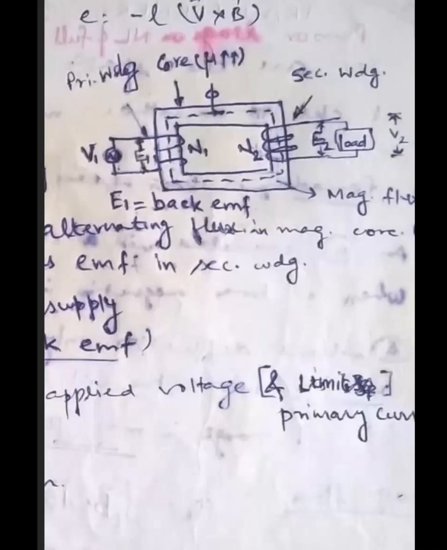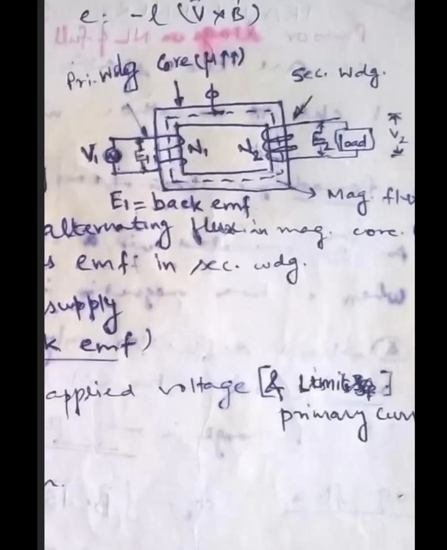The primary side is connected to the source and the secondary side is connected to the load. V1 is the applied voltage, E1 is the EMF produced on the primary side. It is also called back EMF. It opposes the applied voltage.